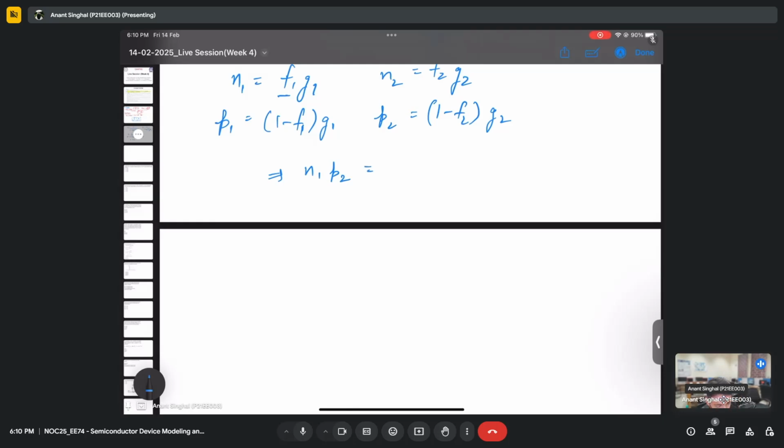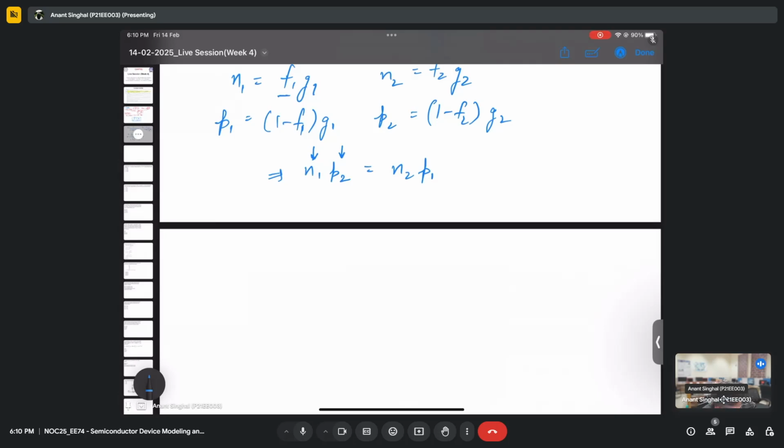Because from one of the solids, let's say N1 is traveling from left to right, for that particular solid, this P2 will be coming from right to left. That is why I have written N1 P2, and this equals N2 P1. So the flow of carriers is constant at thermal equilibrium.